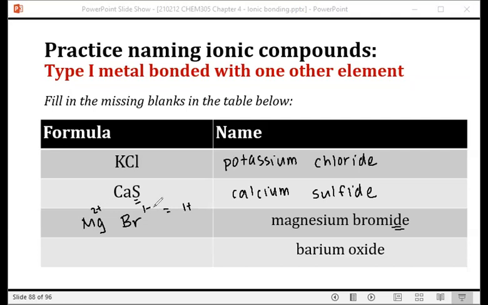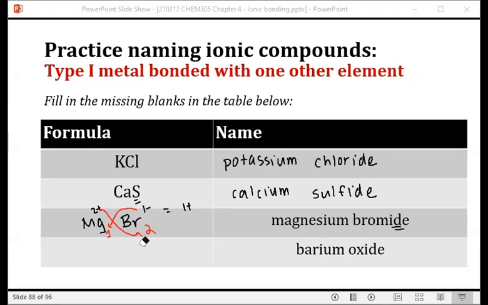We take +2 plus -1, it equals 1+. So this isn't the correct formula. We're going to have to add some subscripts so that our number of ions and the associated charges add up to 0. So you can use what's called the crisscross method, where we're going to have 1 magnesium and we're going to have 2 bromide ions.